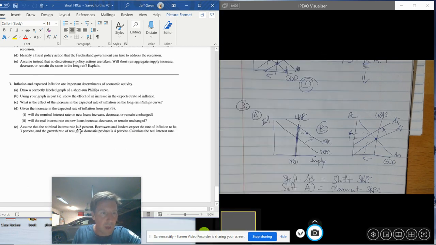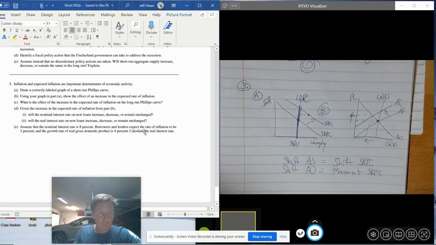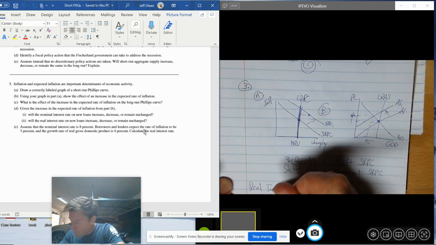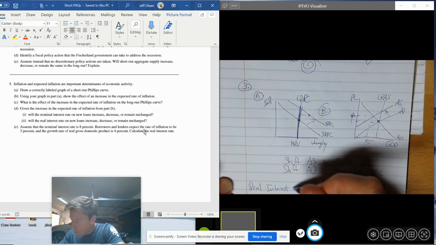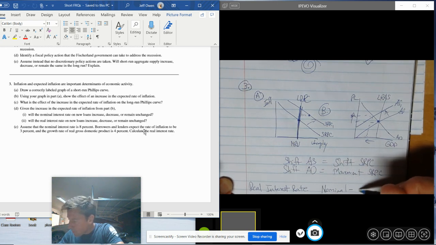Assume the nominal interest rate is 8%. Borrowers and lenders expect the inflation rate to be 3%, and the growth rate of real GDP is 4%. Calculate the real interest rate. They gave us a lot of information as a distractor. We know that the equation for real interest rate is our nominal minus expected inflation.